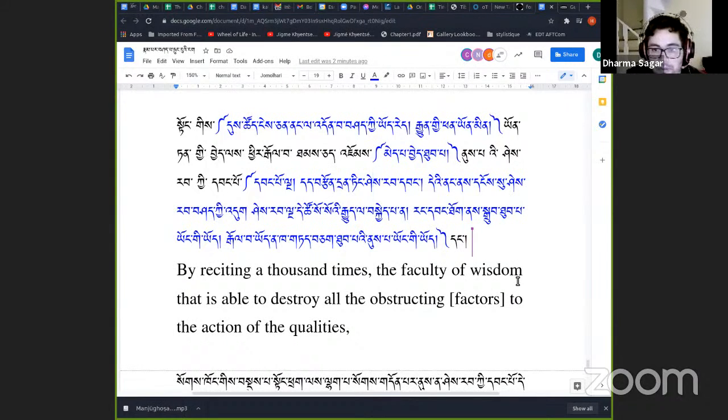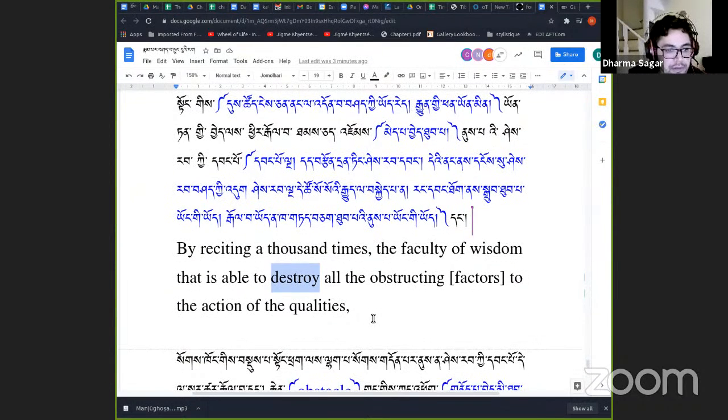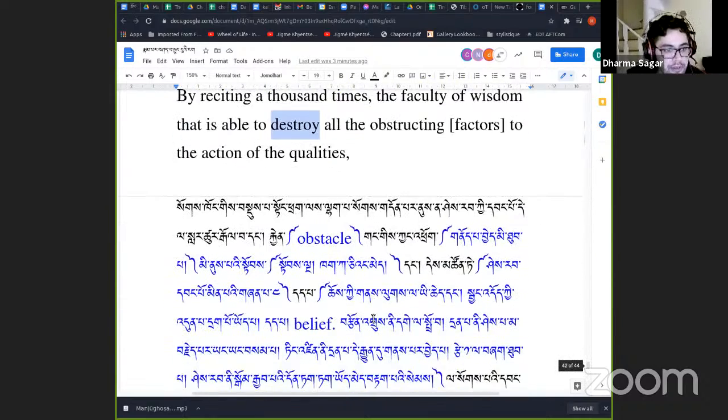So that's why they're called faculties here, because we have this capacity of dealing with obstructing factors or contrary situations. Okay, and destroying here, as Campbell was saying, is to make them not exist anymore. So yes. Okay.